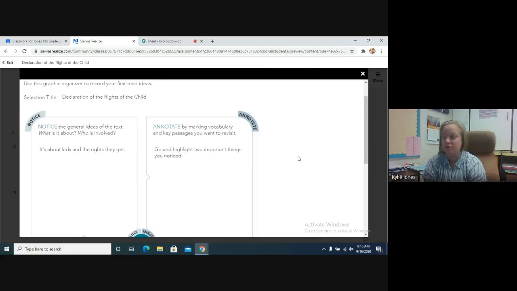Highlight the important things you noticed. Okay, highlighting 2 important things.